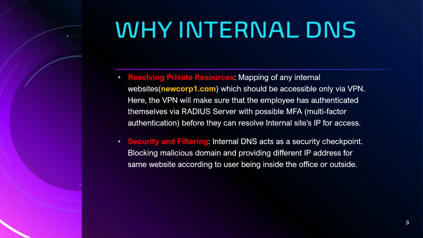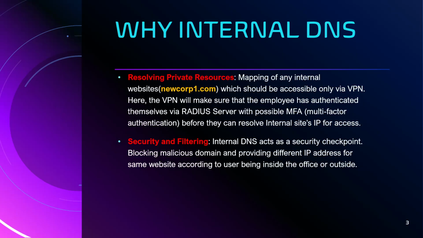So why do we need internal DNS? It will help you to set up internal resources so that you can access them only when you're connected to a VPN, and you can add a RADIUS server which will handle the multi-factor authentication. Once that's done, the user will be connected to VPN, and once that is done, they can reach out to the internal sites.